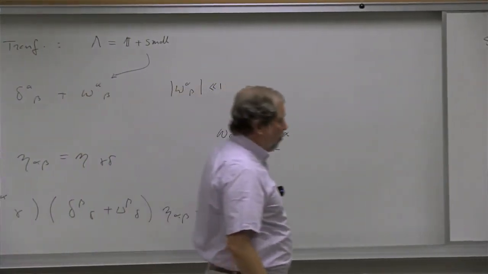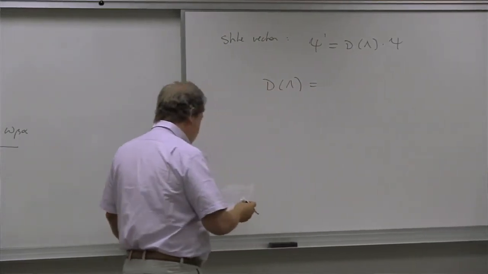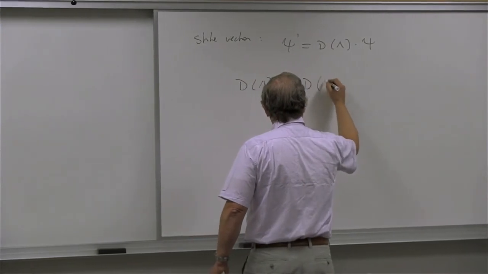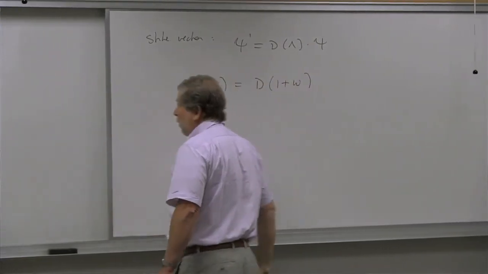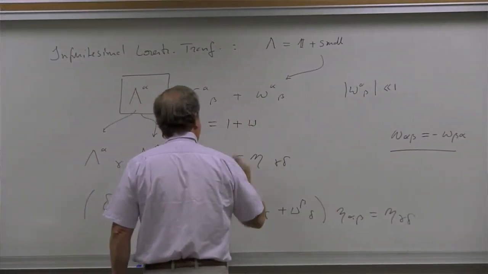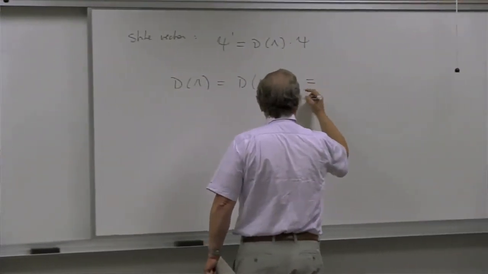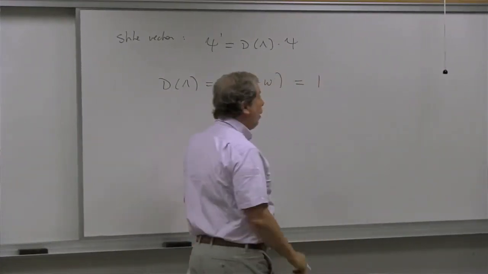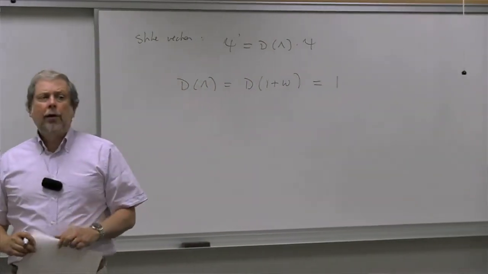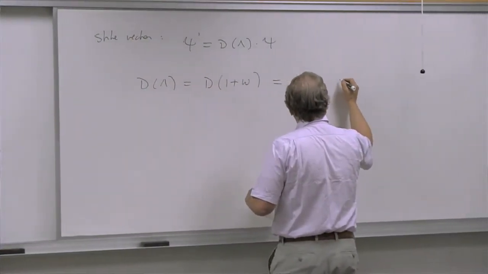For an infinitesimal transformation, the d of lambda is the d of 1 plus omega, where 1 plus omega is written as a matrix. It has to start out with 1, so if you don't do any rotation, then the d is just the unit matrix, and then plus another piece.